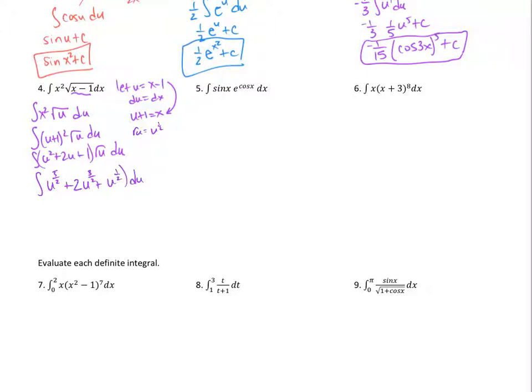So that's what we're going to integrate. And when we integrate this, we'll end up with 2/7, because we're going to add 1, so we get 7/2, u to the 7/2, plus this will be 2 times 2/5, so 4/5.